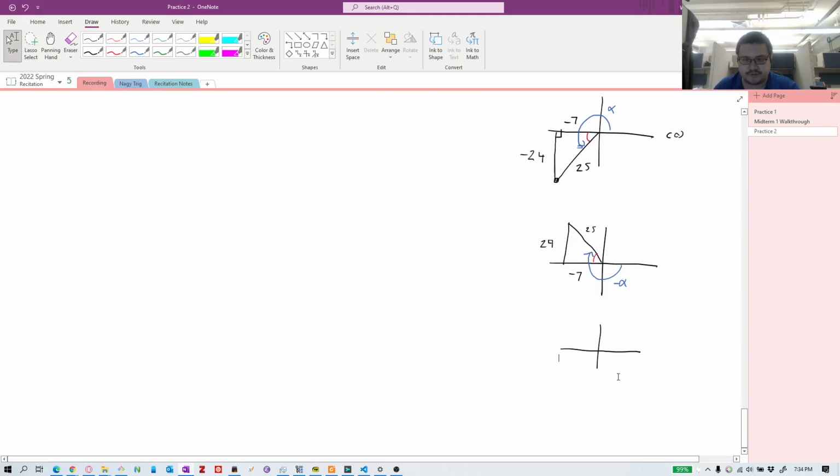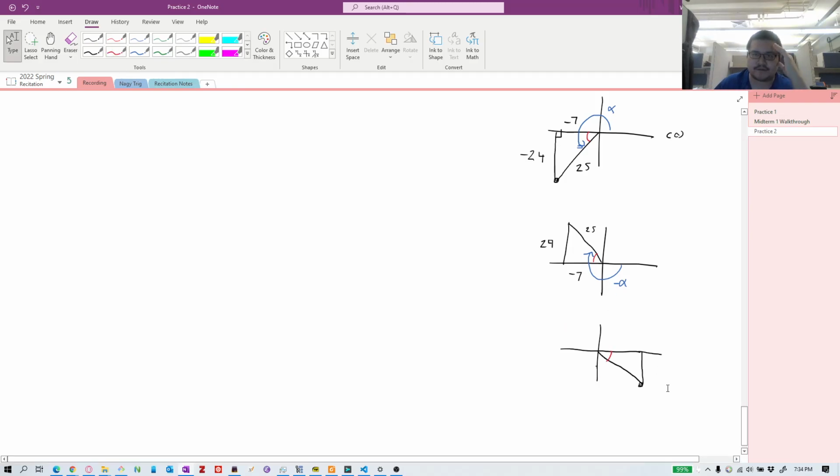Let's redraw some coordinate axes, and my angle is now going to be over here. So this is now the triangle, and that's the reference angle.